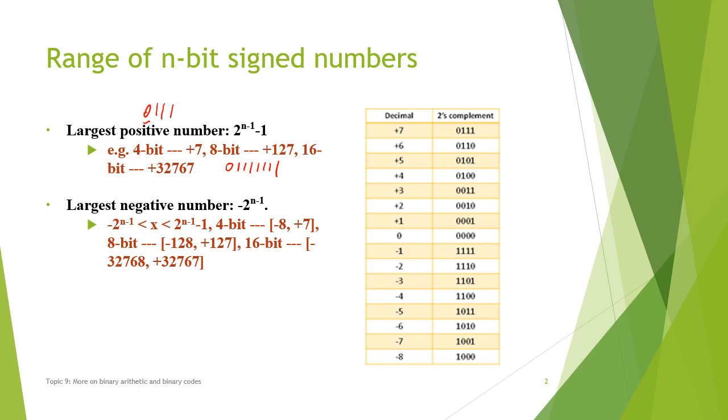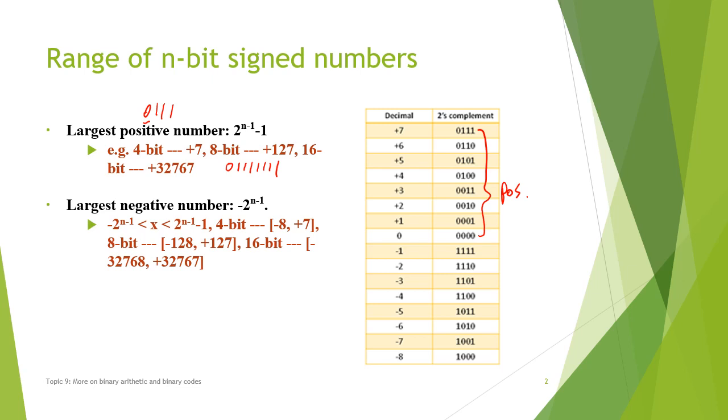Say we have a 4-bit signed binary, and we already know that if we list all of them, we get 16 different combinations, right? And starting from 0, the upper half stands for the positive numbers, and the largest is 0111.